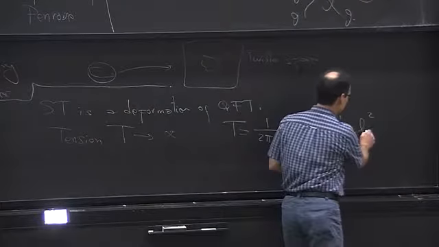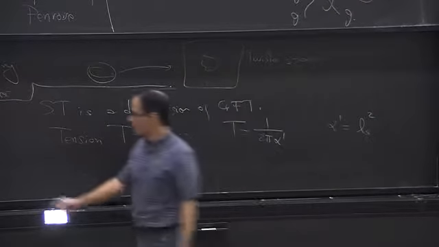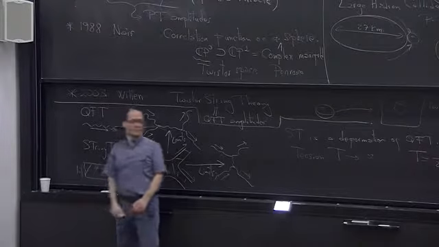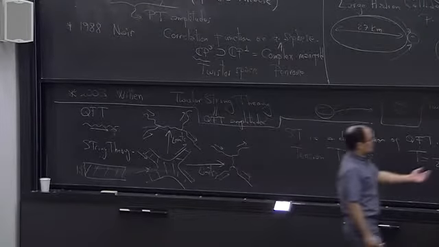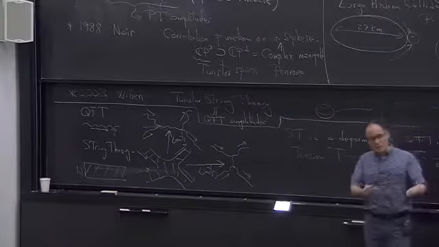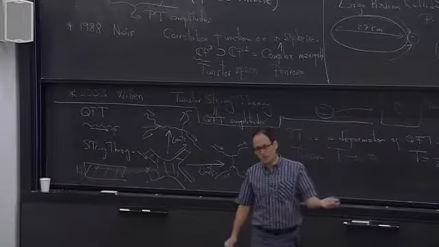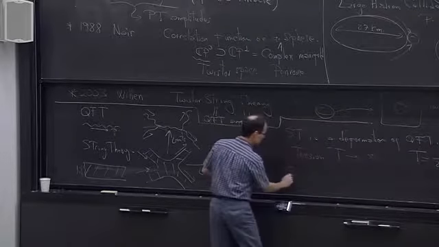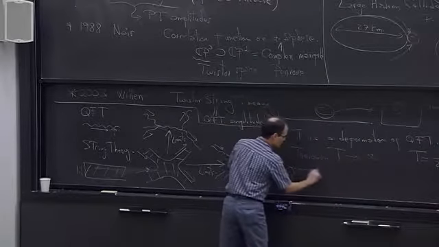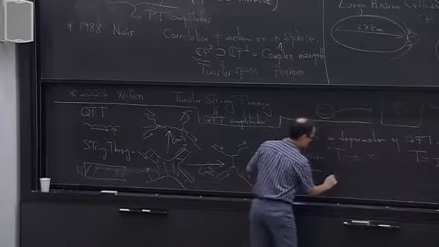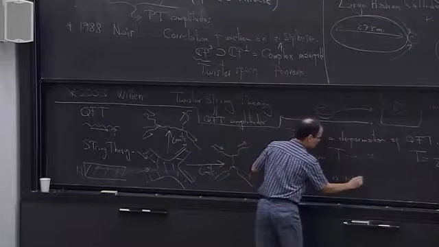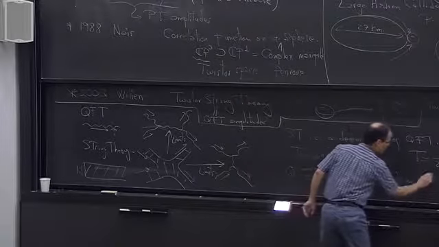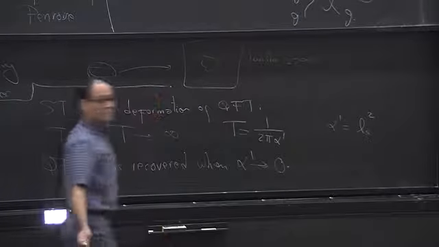So this length is called the string length. So what's the limit in which a string will look like a particle, when the string length goes to 0? Quantum field theory should be recovered when alpha prime goes to 0.